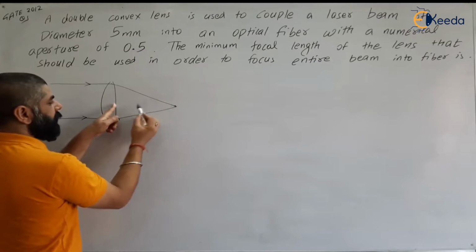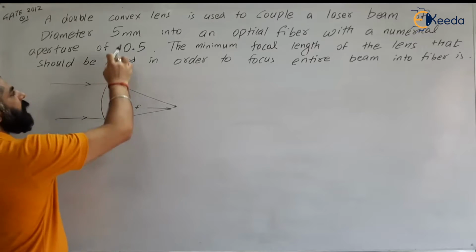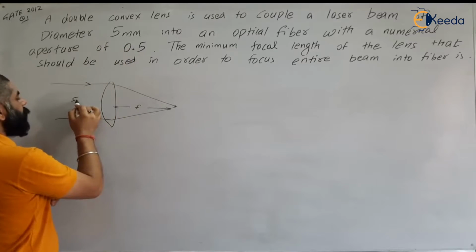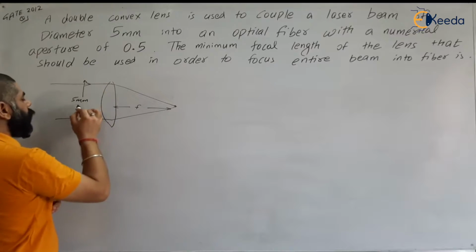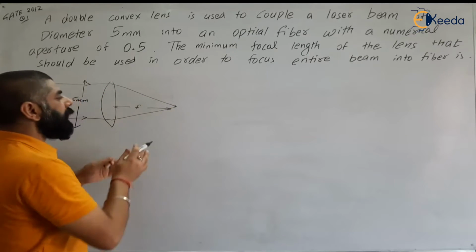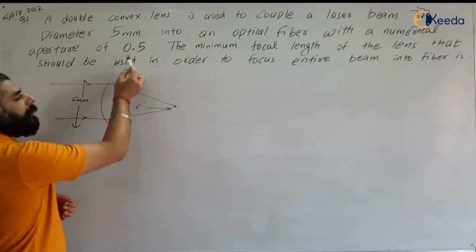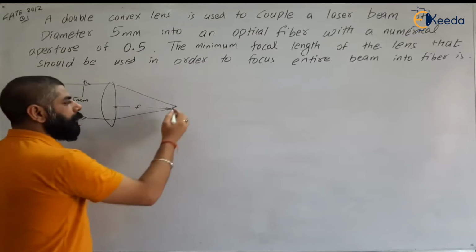This distance is nothing but the focal length of this lens, and the diameter of this convex lens is given as 5 mm. Here the light is totally converged into the optical fiber, whose numerical aperture is given as 0.5.